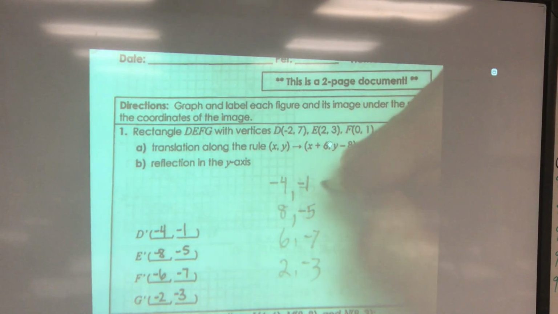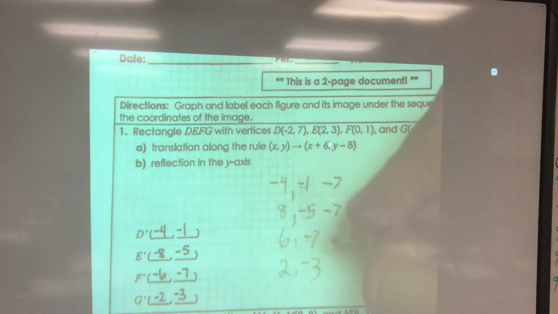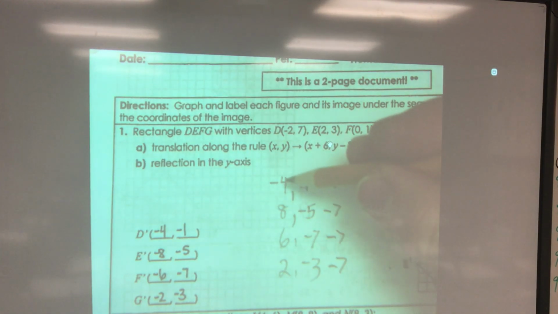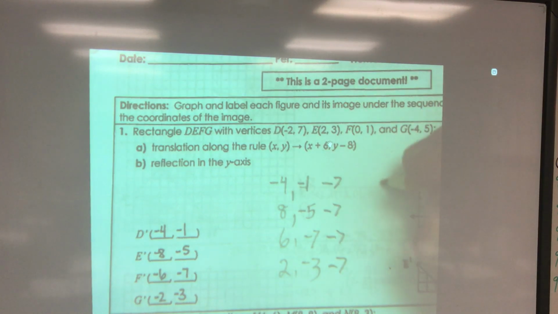So now, on my new points, if y values are the same, so this is -1, my x values change the sign. So this is 4. So 4 and -1. And then I go down 1.